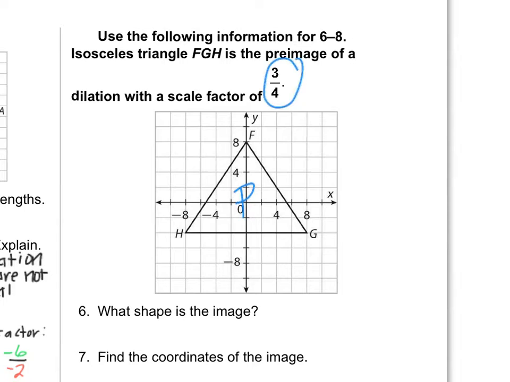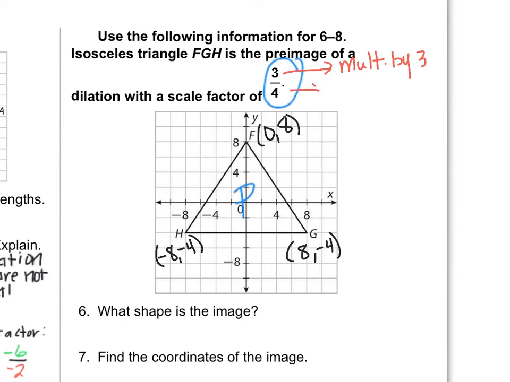So in order to do our dilation, we're going to have to find our coordinates. Once you get the coordinates, now you need to multiply each one by 3. And you need to divide each one by 4. It's easier if you line up your points and do everything all at once.